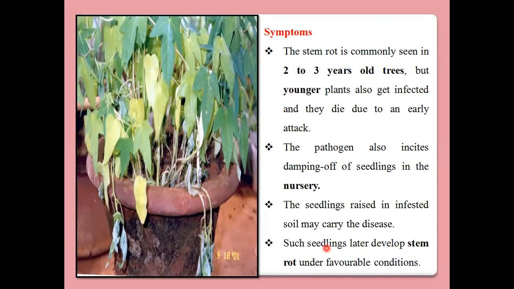Under favorable conditions, the Pythium pathogen germinates and infects the papaya seeds, meaning the mycelia of Pythium grow on the outer surface of the seeds.